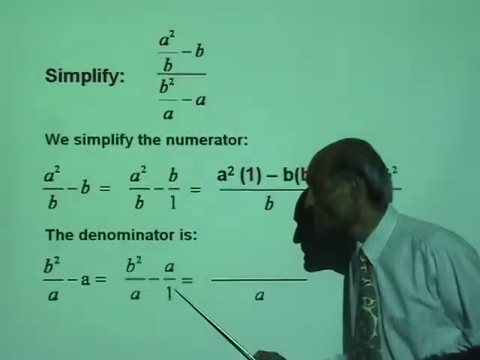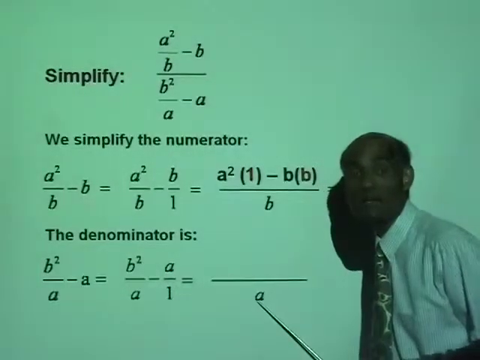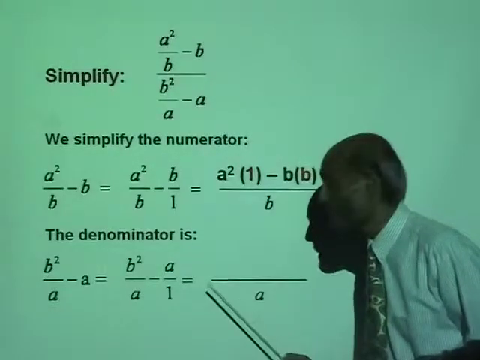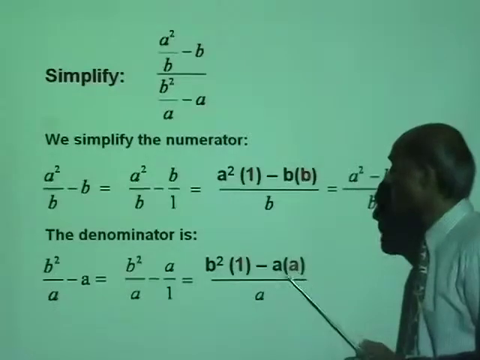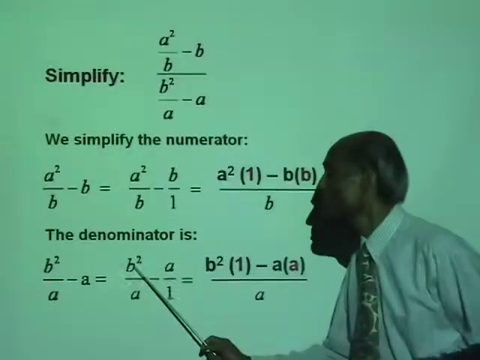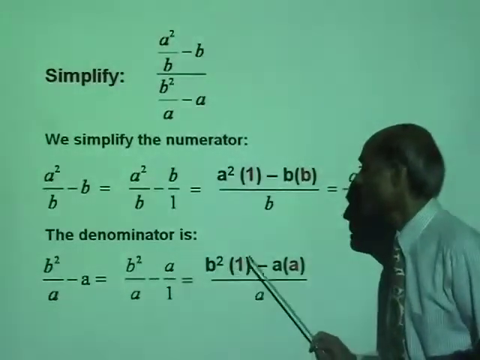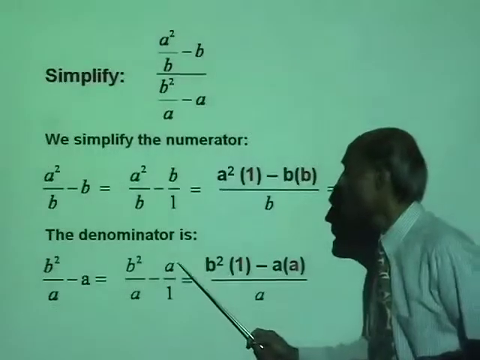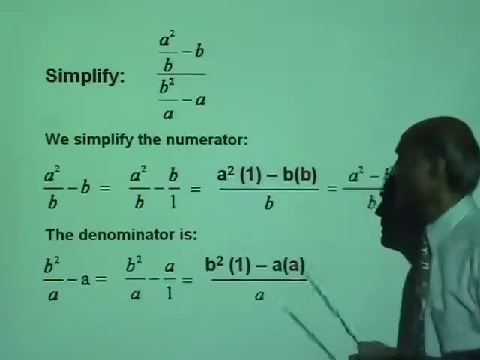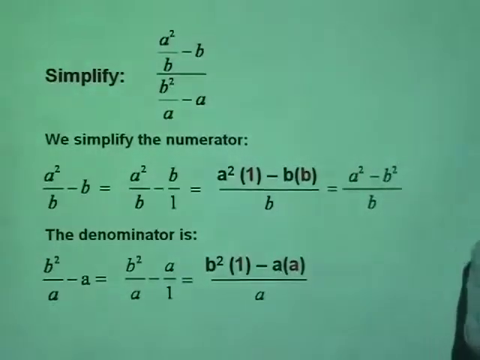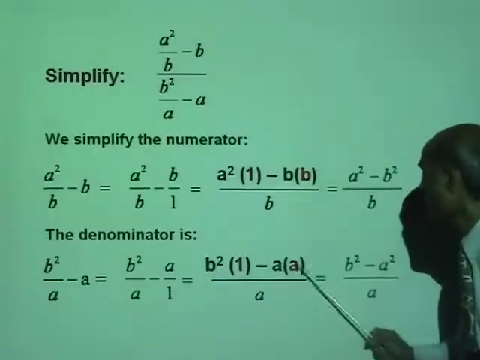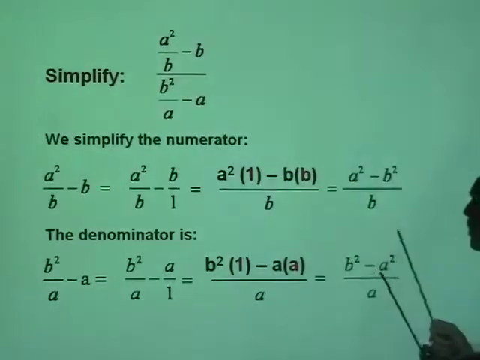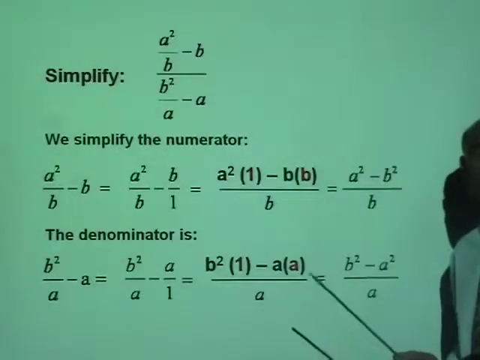Its denominator is missing the a from the LCD. That means this −a will be multiplied by a. So b² times 1 minus a times a is our numerator. Okay, so that will be (b² − a²)/a.